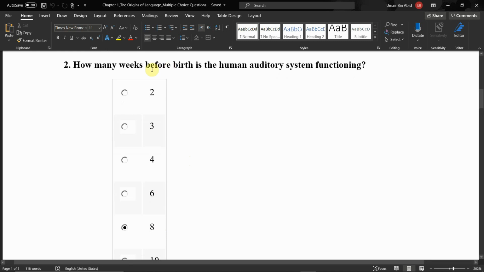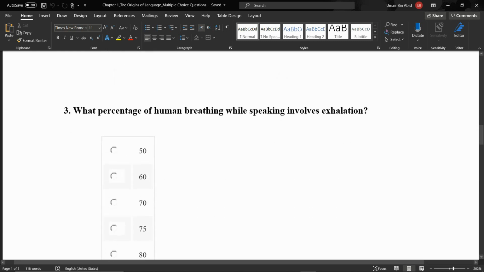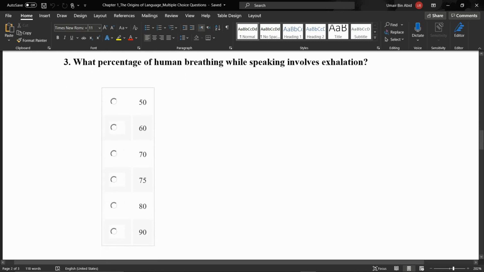So the same thing is mentioned in two different ways. The third is, what percentage of human breathing while speaking involves exhalation? We know most of our speech is exhaled. In other words, when we speak, we exhale air out of the lungs. So most of our speech is exhaled speech, and it is 90%.